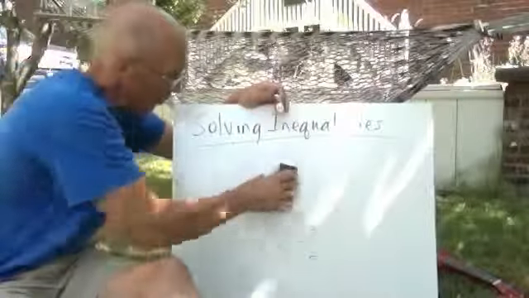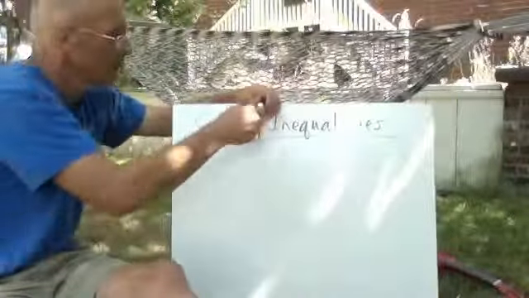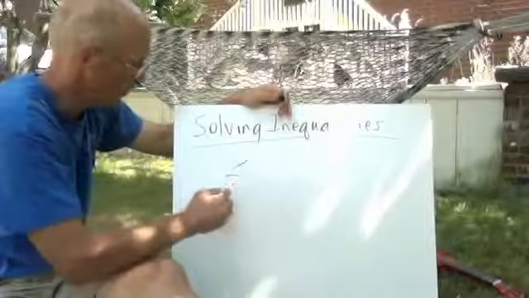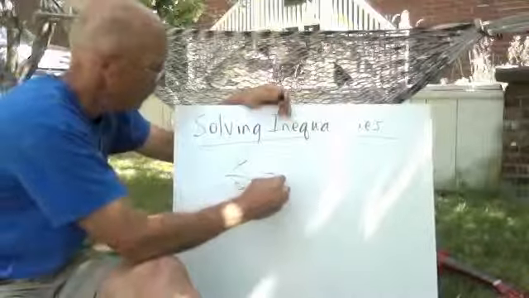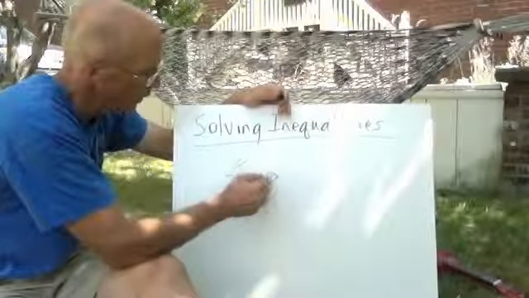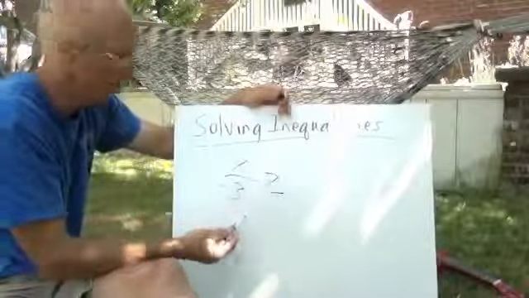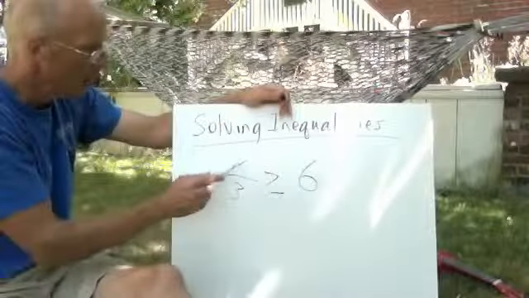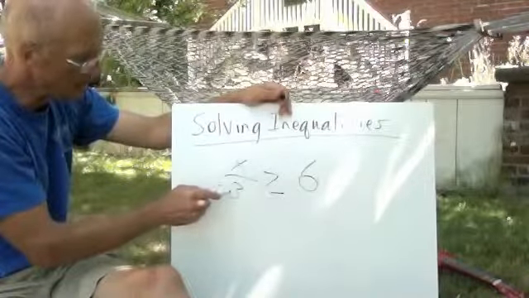Let's try a division one. x over negative 3 is greater than or equal to, just to change it up, 6. So now we're dividing by a negative number.